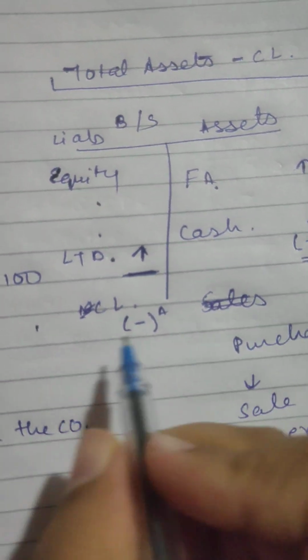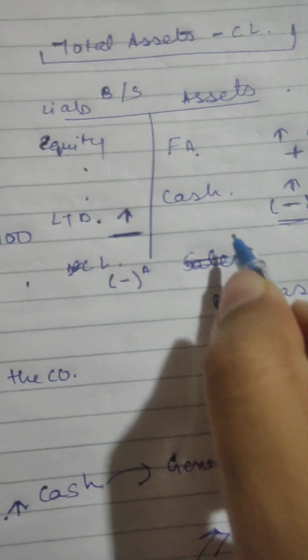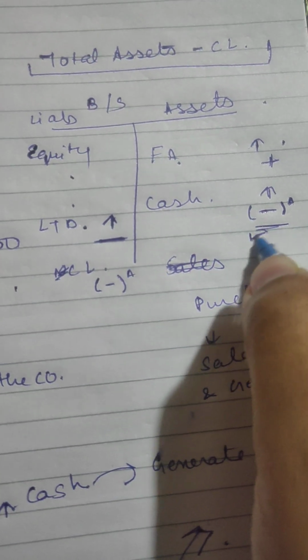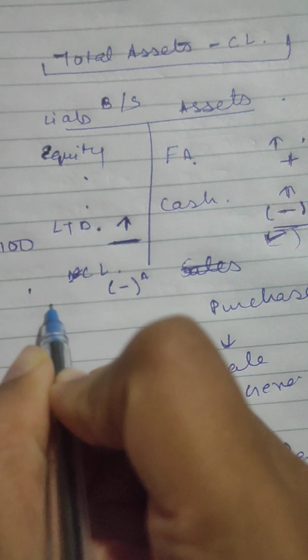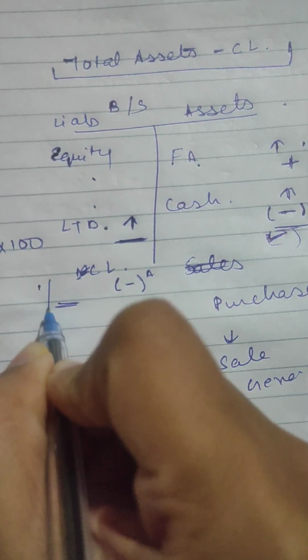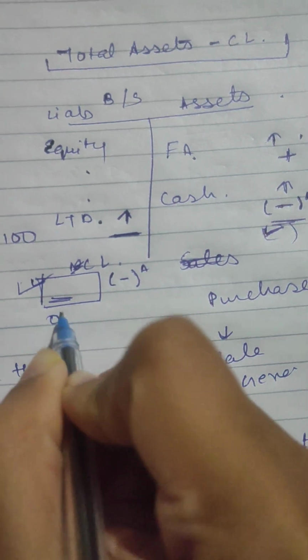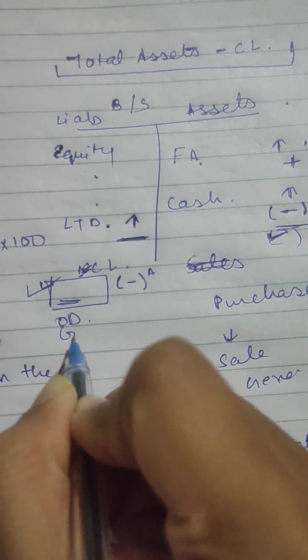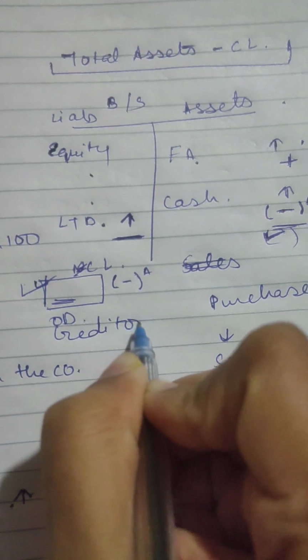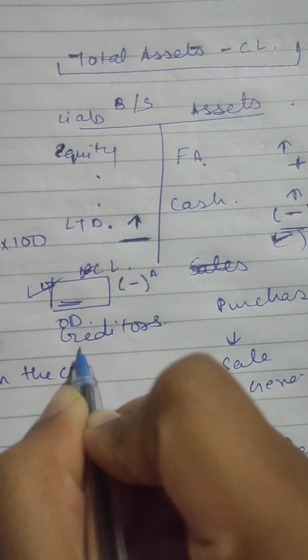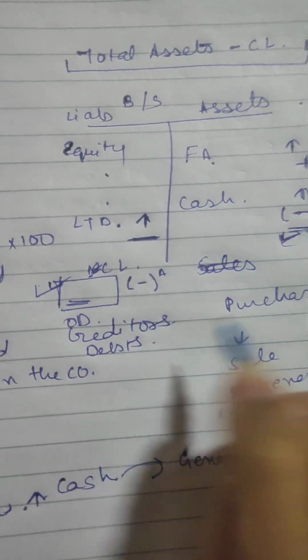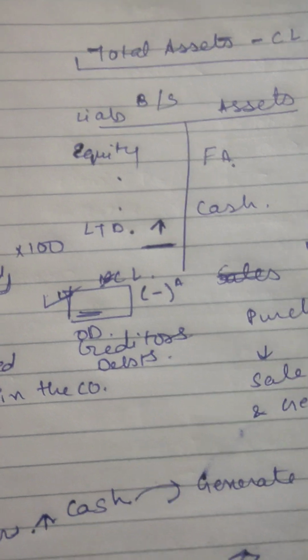Let us understand that concept first. See, if my cash is decreasing, there are chances that I have paid some money to the current liability. Current liability can be OD or our creditors or the debts which have become current liability in the current year.